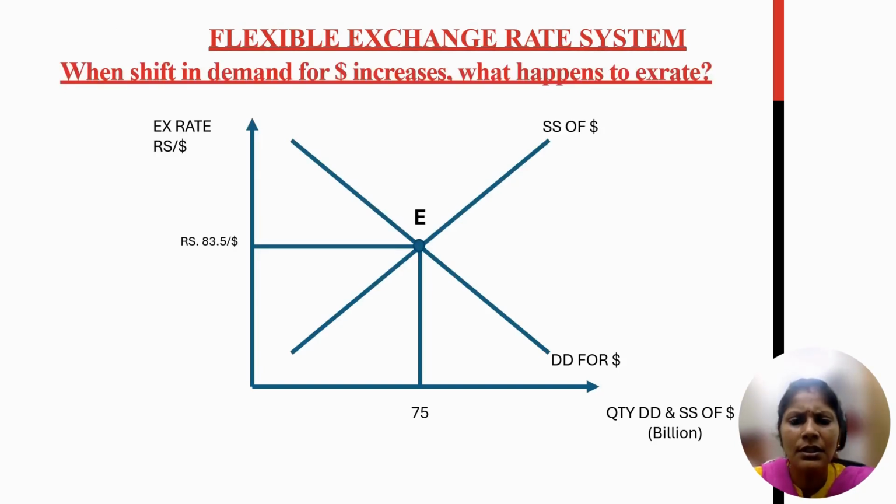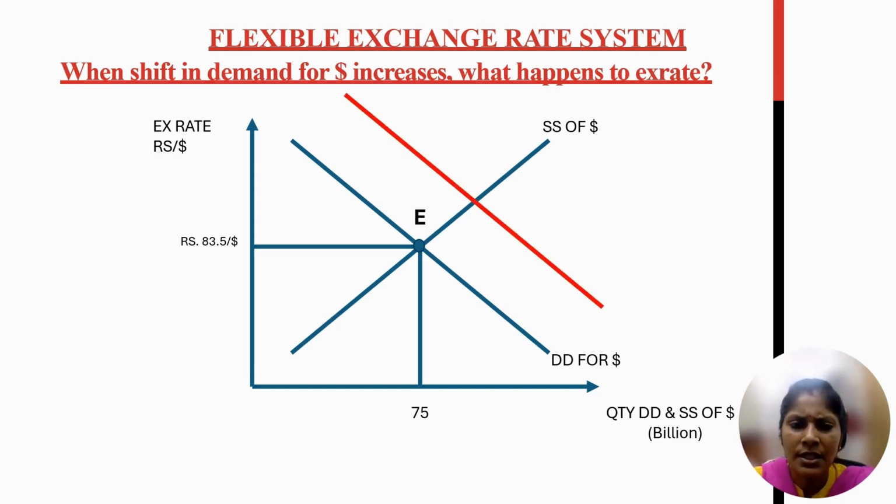Further, when there is a change, or shift, in the demand for dollar, what will happen to the exchange rate? That is what we are going to see in this particular slide.